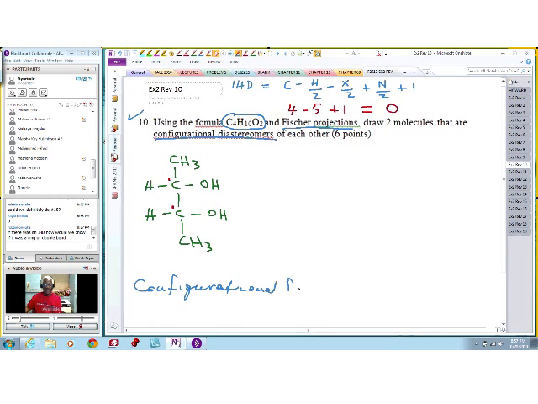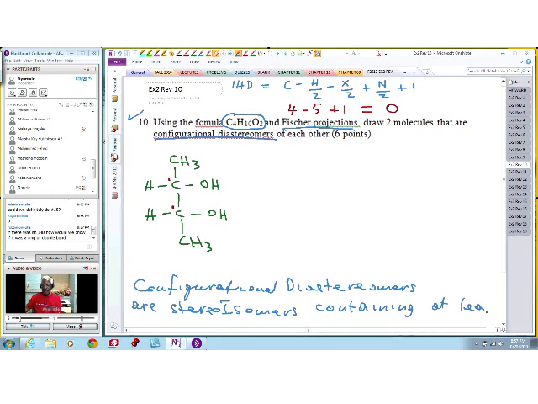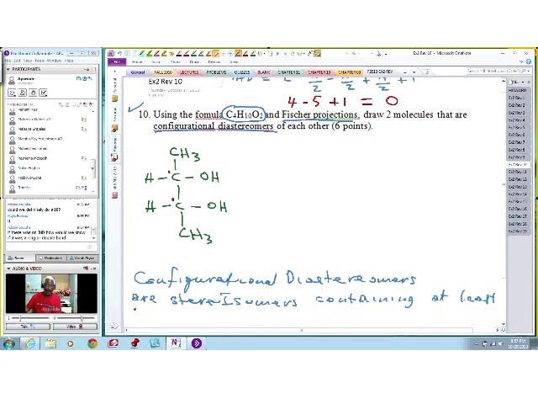Configurational diastereomers are stereoisomers containing at least 2 chirality centers, and are not mirror images.